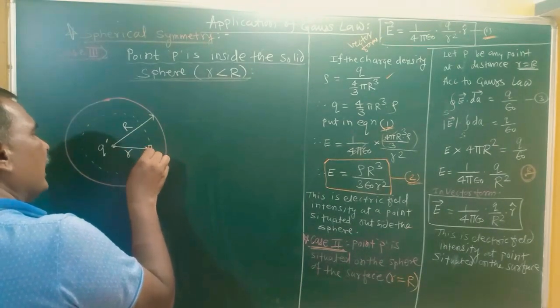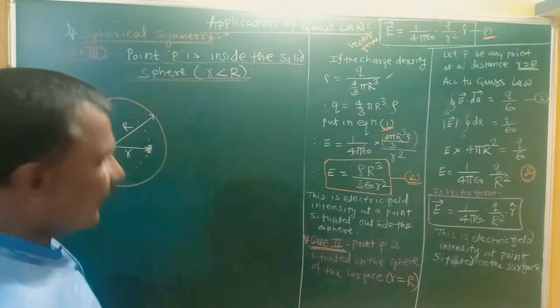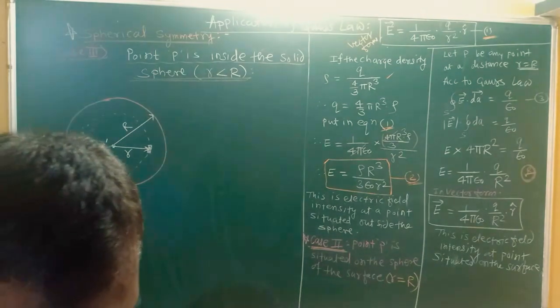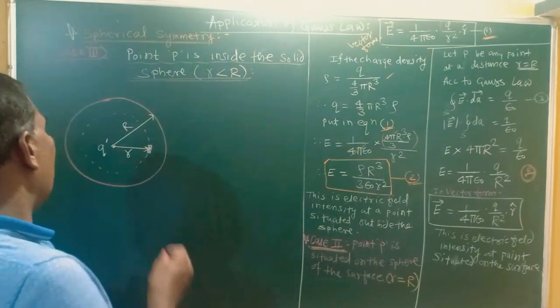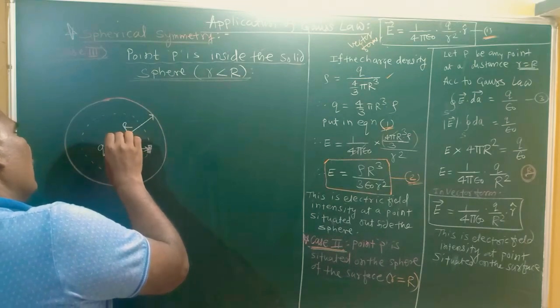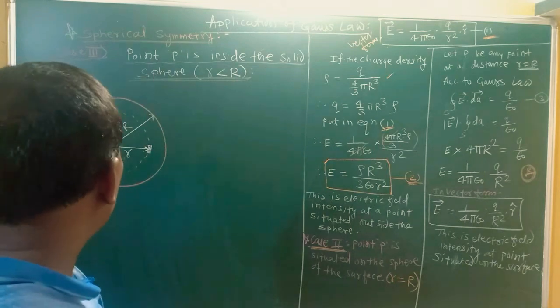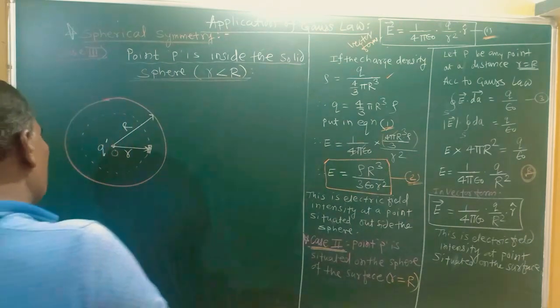Here we have to find the electric field intensity. This is the picture, with small r and capital R, and O is the center of the sphere. This is considered as the Gaussian surface.